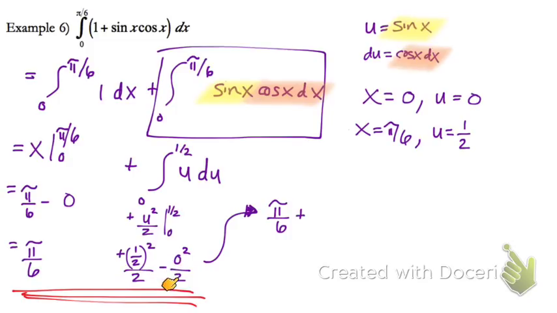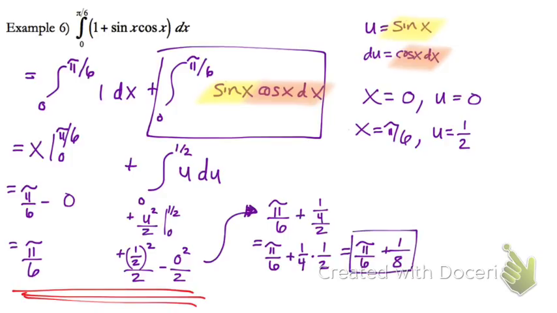So 0 squared is 0, 0 over 2 is 0, so I just have to evaluate this piece. 1/2 squared is 1/4, so this is 1/4 over 2, which is the same thing as pi over 6 plus 1/4 times 1/2, which is pi over 6 plus 1/8. And I think it's okay to leave it like that. You could technically find a common denominator and add them together, but it's not going to help us much in the numerator, so might as well just leave it like that for right now.